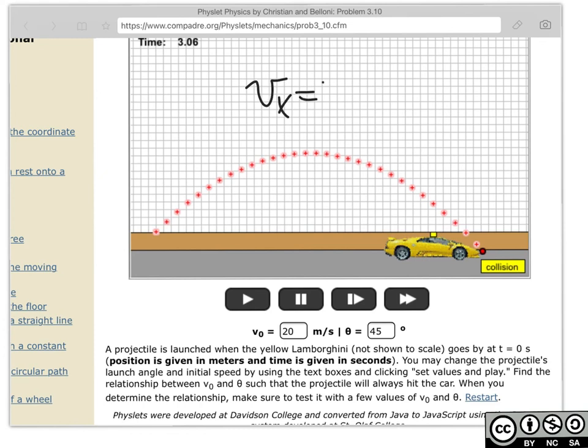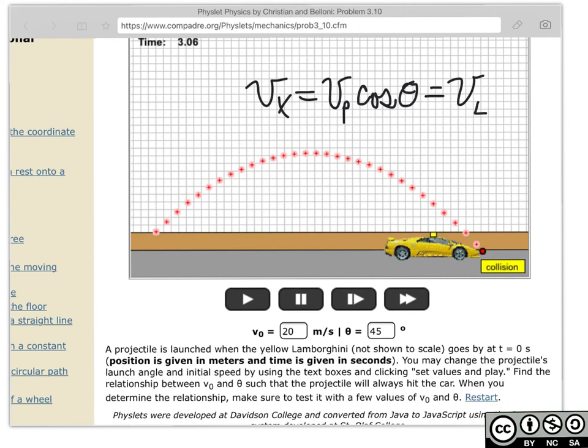And then you want your Vx equal to the projectile velocity times cosine theta, like in this case 20 meters per second times cosine theta, and that has to be equal to the Lamborghini velocity that you measured. That's why you want to measure that well.